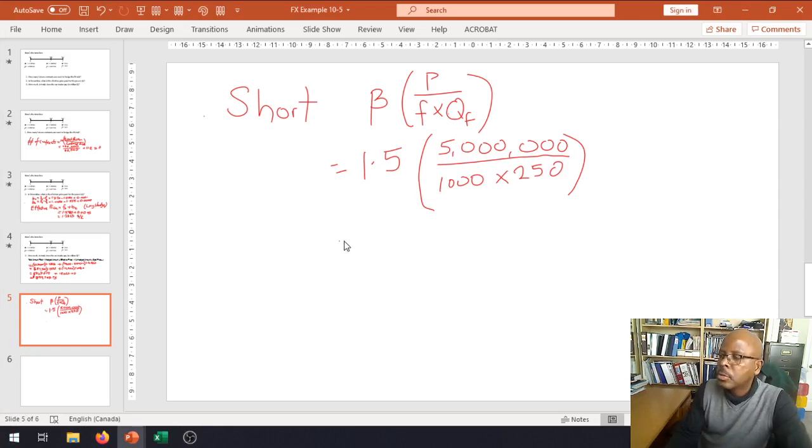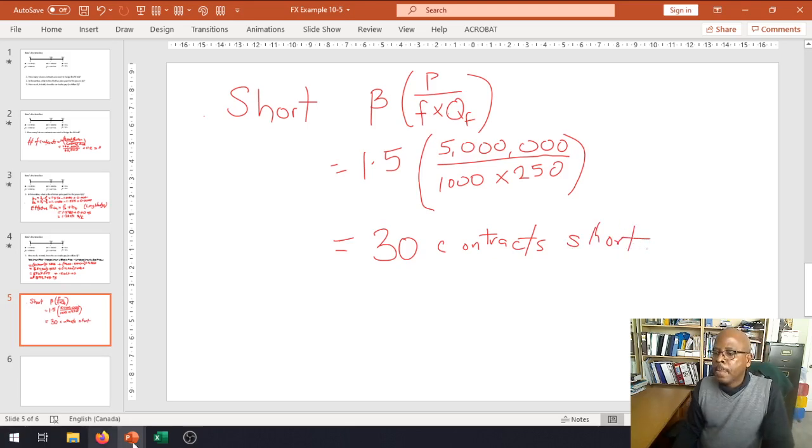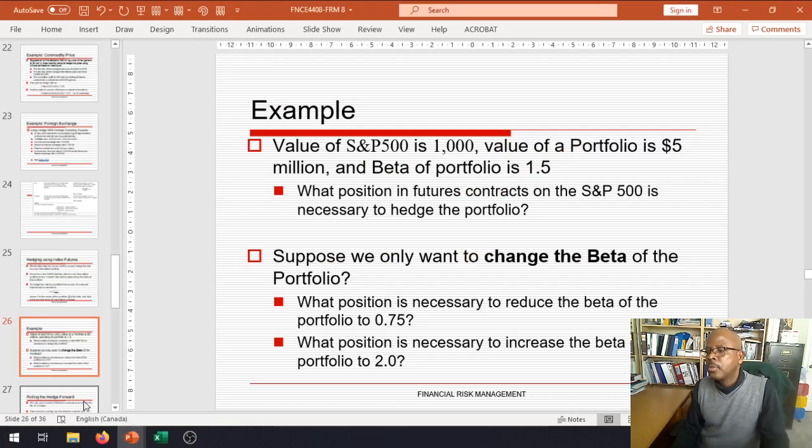So this works out to be 30 contracts short. So that's really a simple issue here.